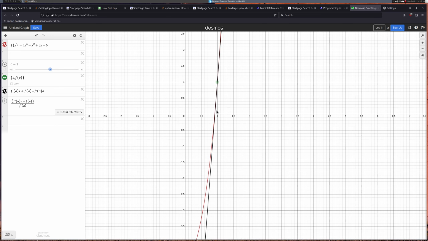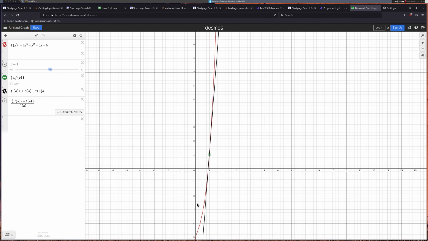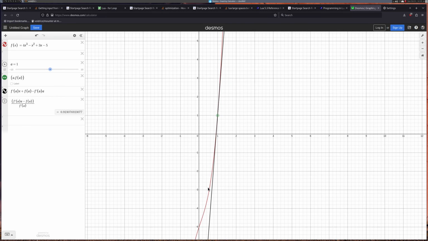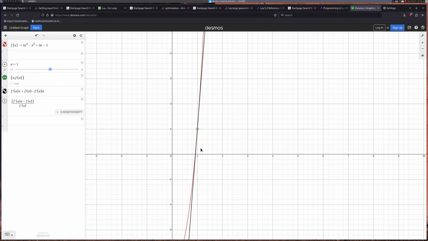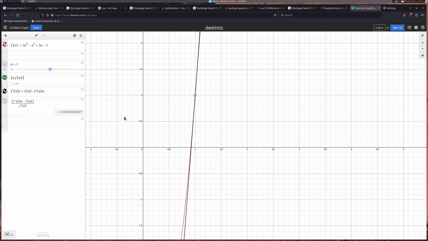Now this function has complex roots, so I don't know if we have time to work on finding complex roots.